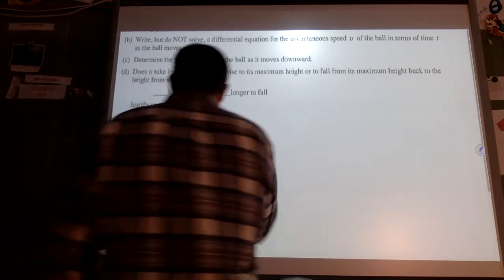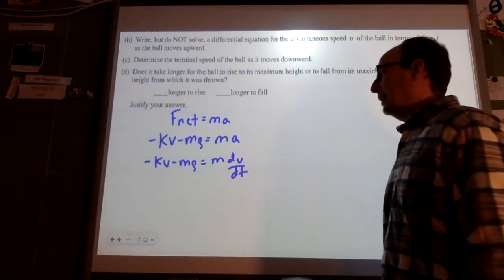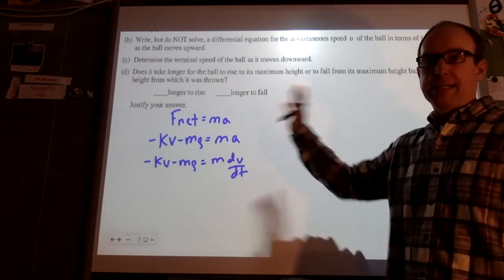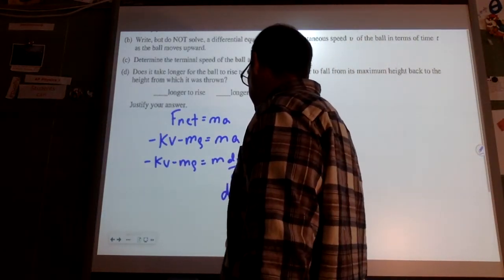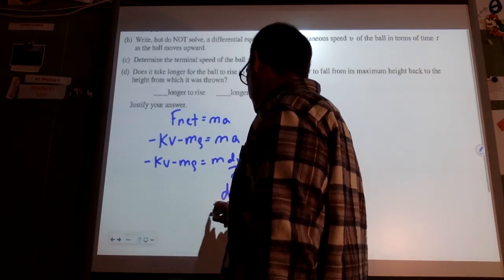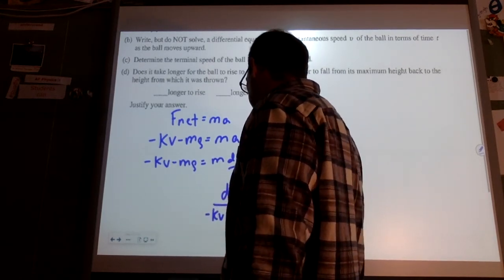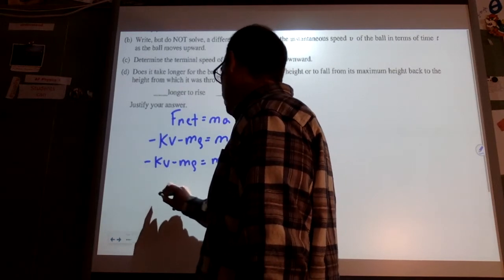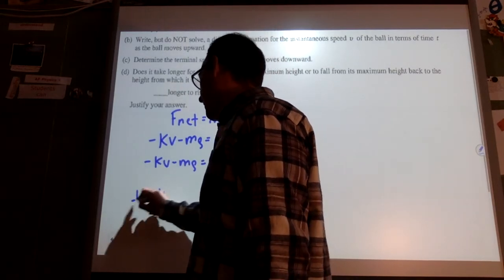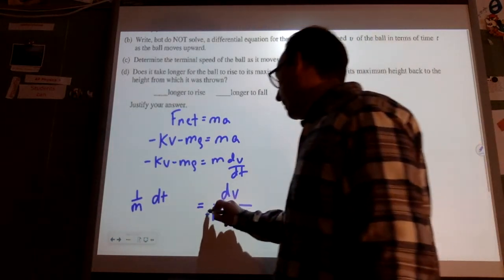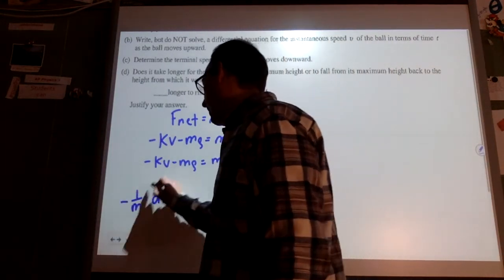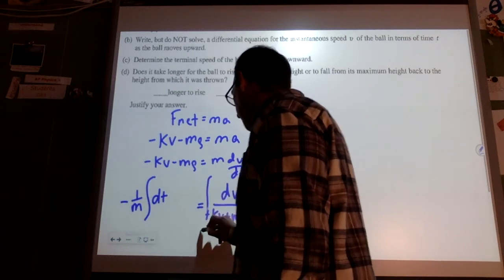And I'm going to get the v's and the dv's together, and I'm going to get the dt's and everything else on the other side. So I'm going to end up with dv over minus kv minus mg is equal to dt times 1 over m. Why don't I multiply both sides by negative 1 to get this over there, because that's easier to deal with. And then we have this.